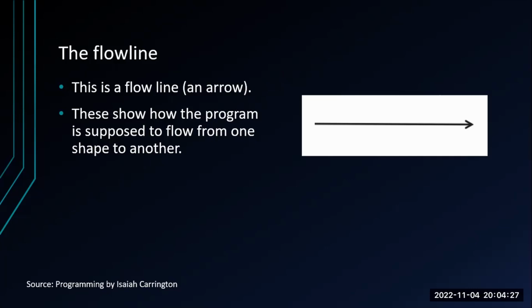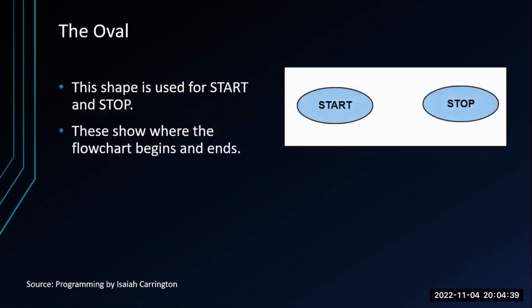These show how the program is supposed to flow from one shape or one construct to another. Next is the oval, which is largely used for start and stop, which shows where the algorithm begins and ends.